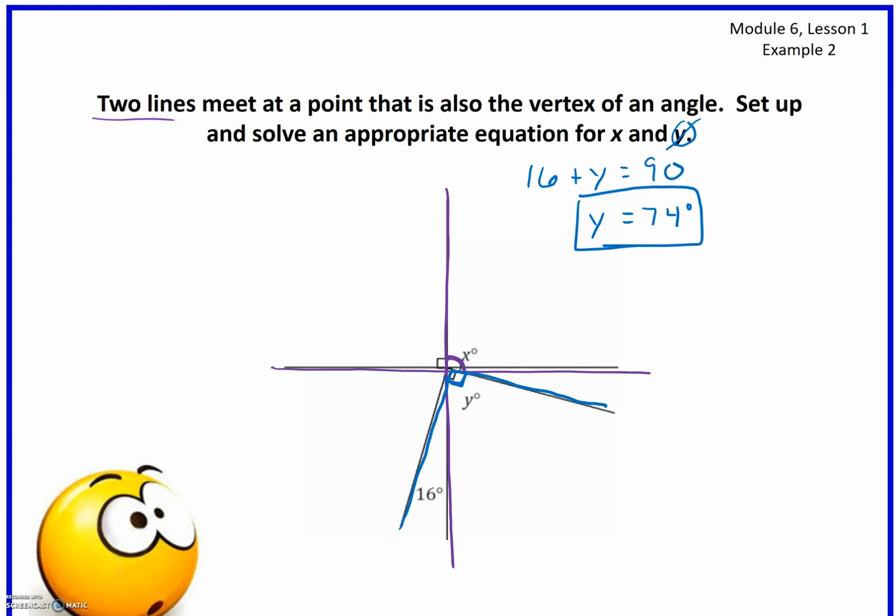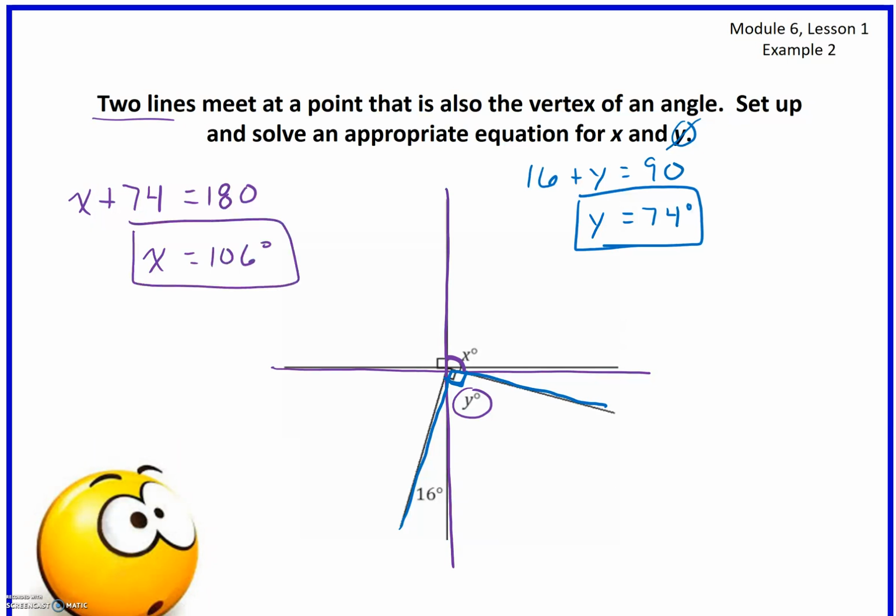Not just the 90-degree angle, but from purple to blue. So we know that x plus 74, which is essentially y, equals 180 degrees. Subtract both sides by 74. x is 106.